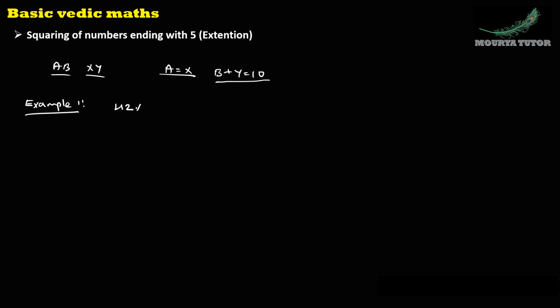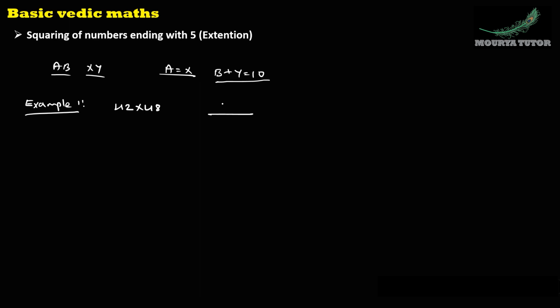Let's suppose you want to multiply 42 and 48. You can just say this 2 plus 8 is 10 and the remaining digits are the same, right? Now find out the LHS. LHS will be 4 into 5, because we need to add 1 to the 4.